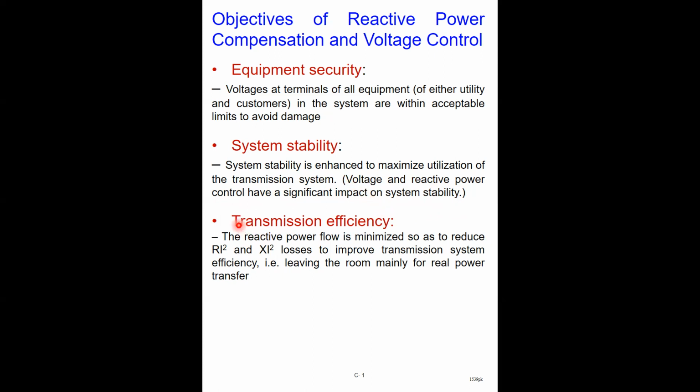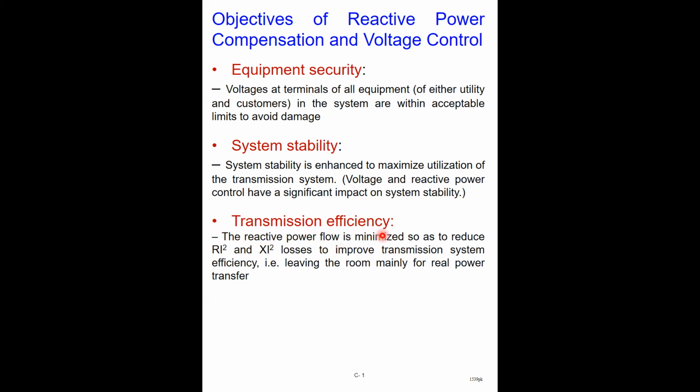And then the third point, which is also important as an objective of reactive power compensation, is achieving higher efficiency of power transmission.